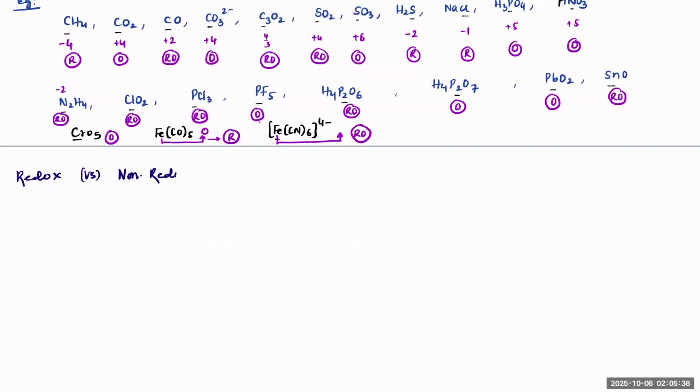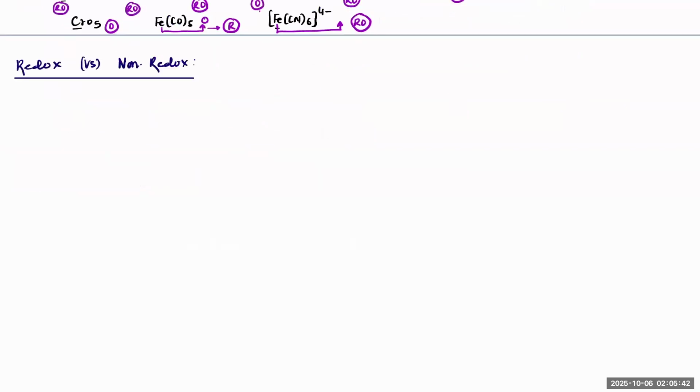For example, if I have H2C2O4 and I treat it with NaOH, then what does it convert into? The product is Na2C2O4 plus H2O because it is an acid-base reaction. So it is non-redox.